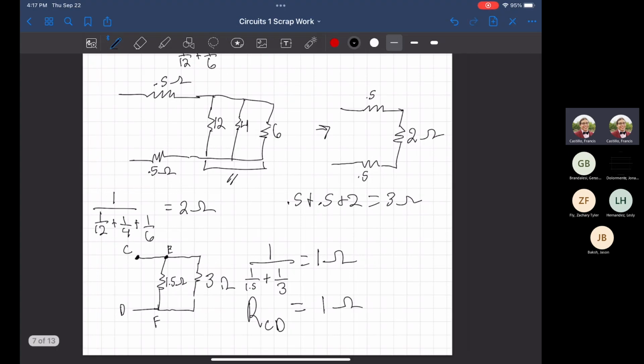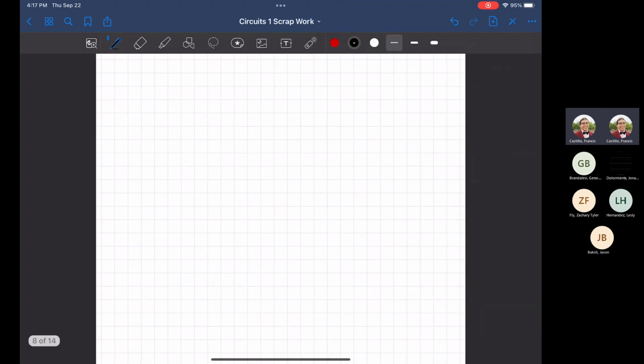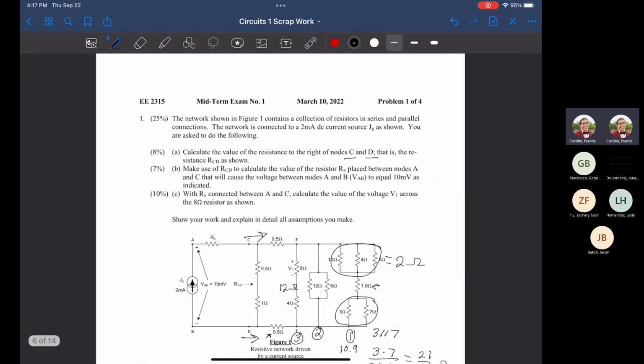To show that we've drawn it on a page, this is our equivalent that we just found. Here's node C, node D, and this is the resistor. So what we just did was answer part A, where the goal was to find the value between node C and D. We condensed it down, working from the right-hand side inwards, and found the resistance value there.